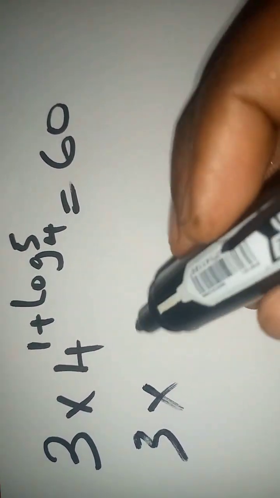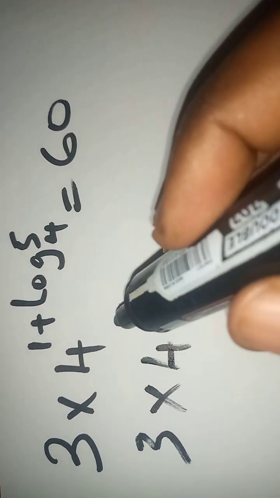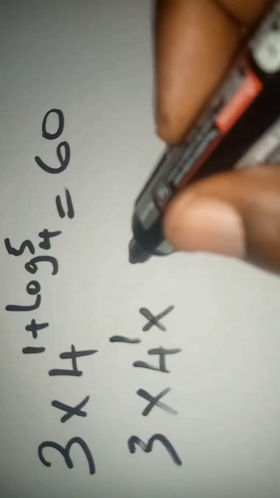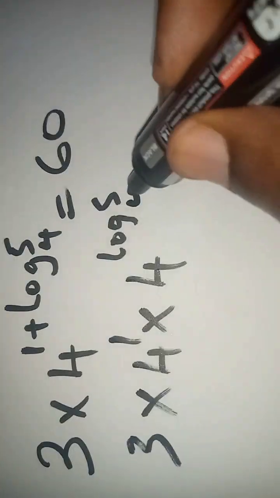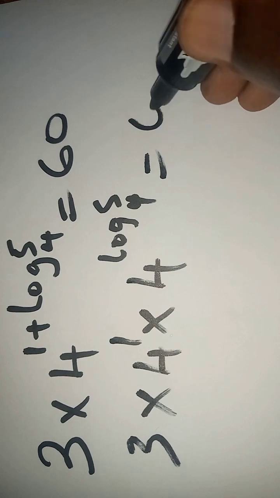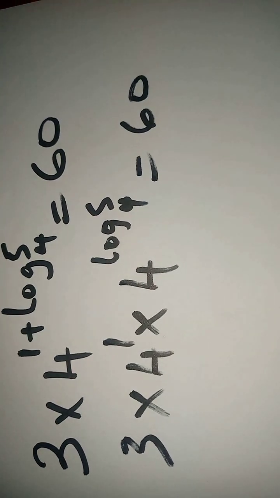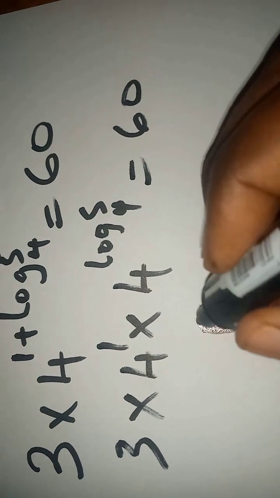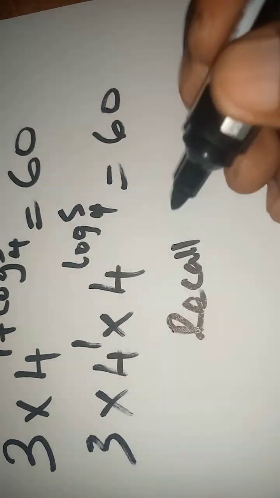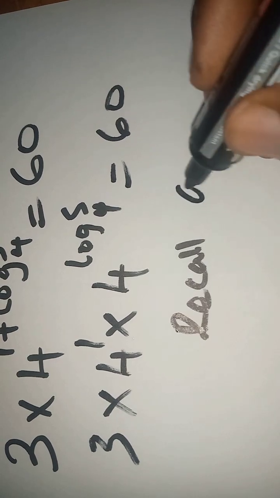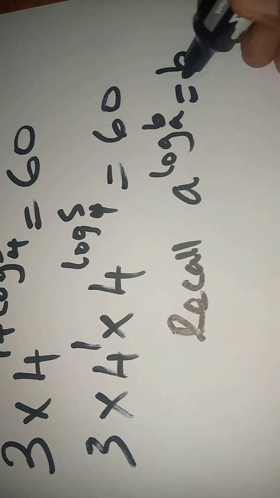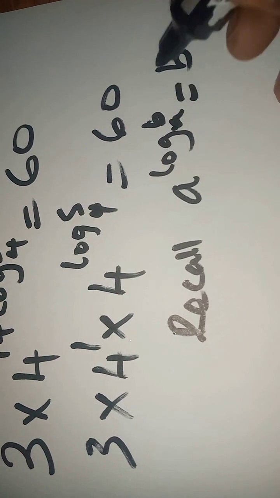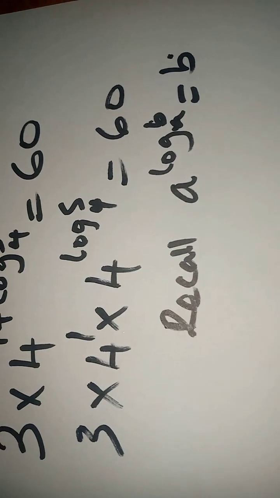Expanding, I'm going to get 3 times 4 raised to power 1 times 4 raised to power log of 5 base 4 is equal to 60. You need to recall that if you have a to the power of log b base a, then this and this cancel and you get b.